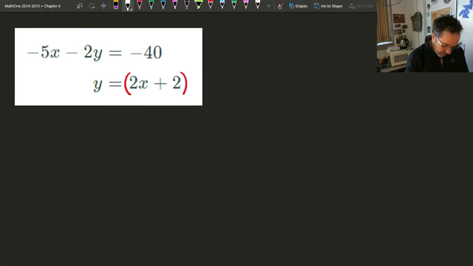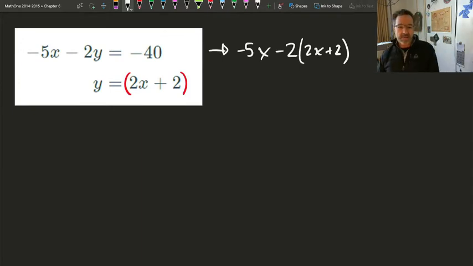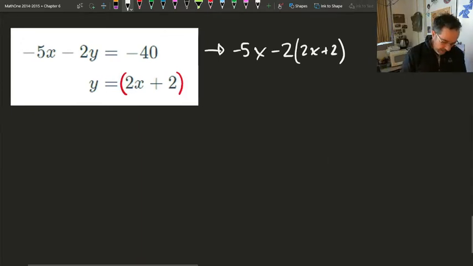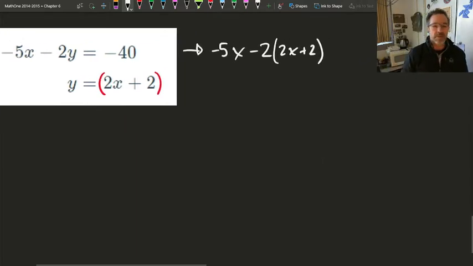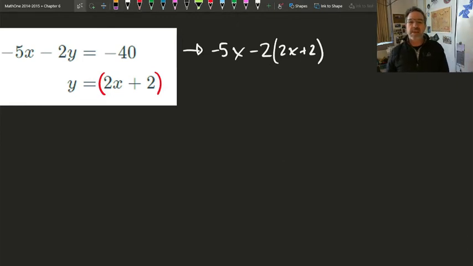So this first equation will become negative 5x minus 2 times y, but playing the role of y is 2x plus 2, right? So there's my substitution. I just replaced y with 2x plus 2, but that's okay because the second equation tells me that that's the same thing as y.